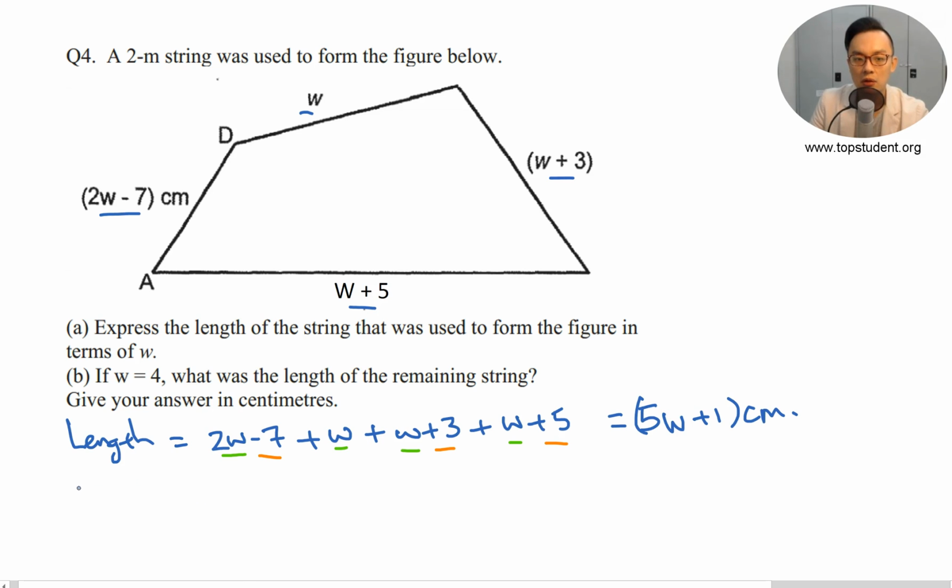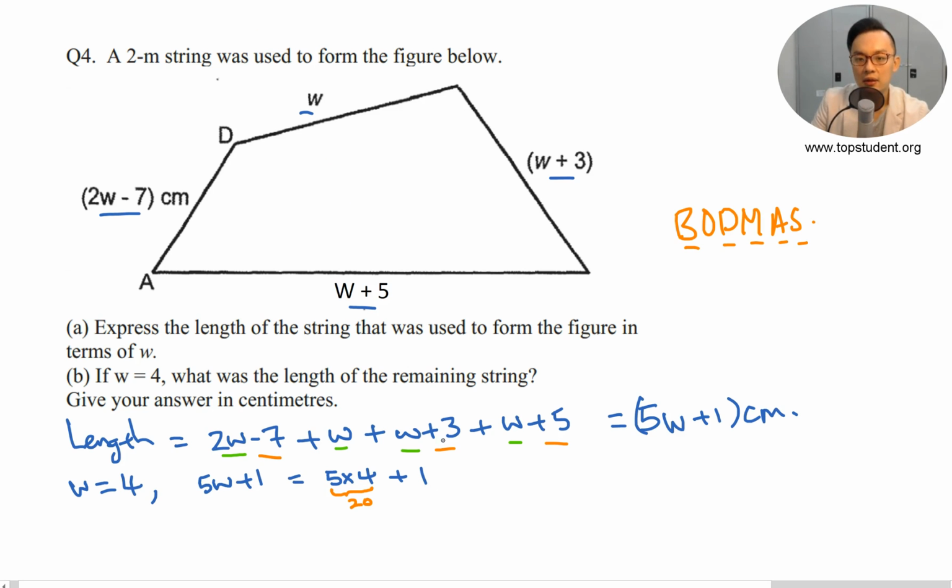Okay, so W equals 4, then 5W plus 1 equals 5 times 4 plus 1. If you have times, you remember your BODMAS, which is to do your brackets, division, multiplication, addition, subtraction. So do your multiplication first, which gets you 20, and this is 1.